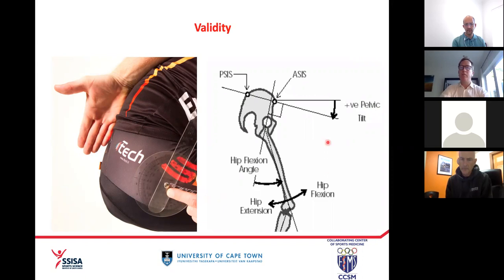The goniometer versus a Vicon, which uses markers on the anterior superior iliac spine, the posterior superior iliac spine on both left and right, and therefore makes a quadrant out of these and takes a perpendicular axis to this, and then looks at the relationship between that angle and the long axis of the markers on the thigh, and then measures the hip flexion angle. So here we're looking at hip flexion angle. They are both measuring the same thing, but they are measuring them in different ways. And therefore, the results differ, even if they are both valid.